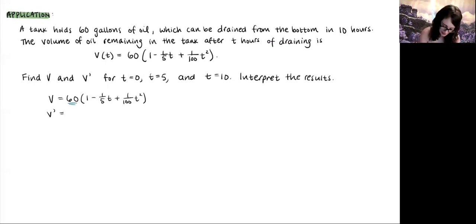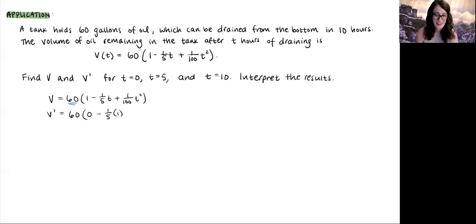So in other words, this will be 60, a constant multiple, times the derivative of the variable stuff which it's being multiplied by. So the derivative of 1 is 0. The derivative of 1/5 times t: 1/5 is a constant multiple in front of the t, so the 1/5 will be multiplied by the derivative of t, which is 1.